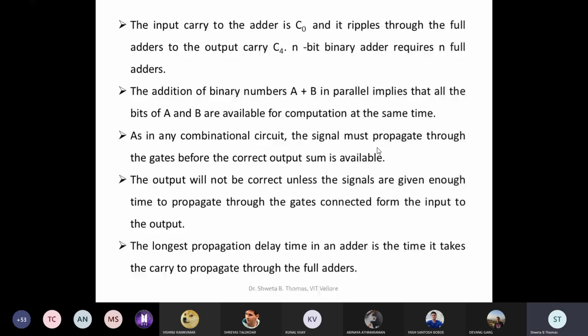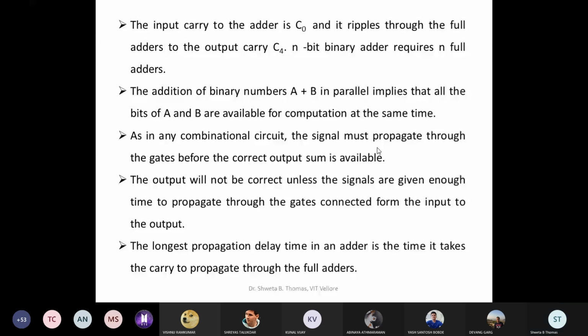If the second full adder is not giving you output at a specific time, and there is more delay, it will affect the whole circuit. So the longest propagation delay time in an adder is the time it takes for the carry to propagate through the full adders. There is a small definition, but you should know about this.